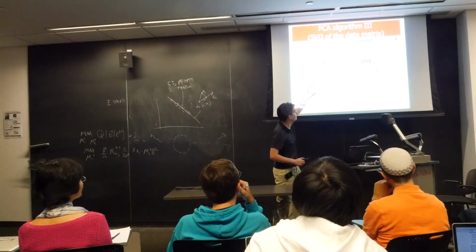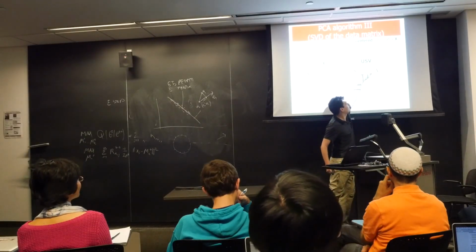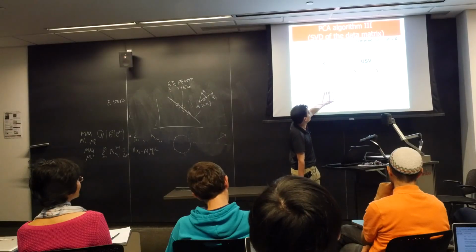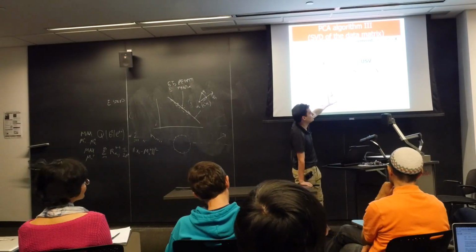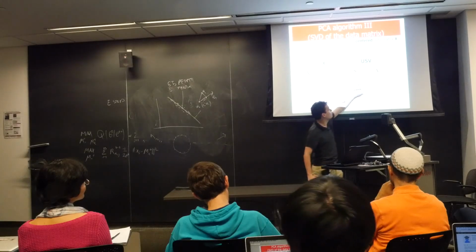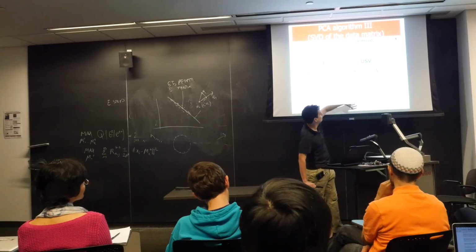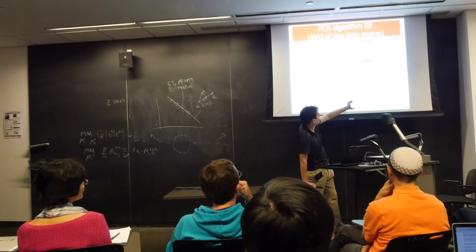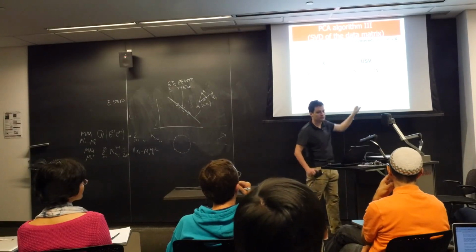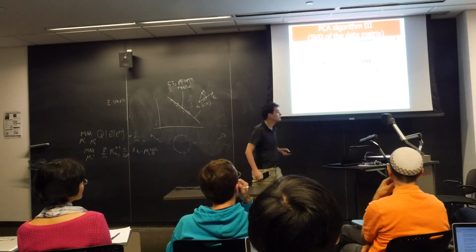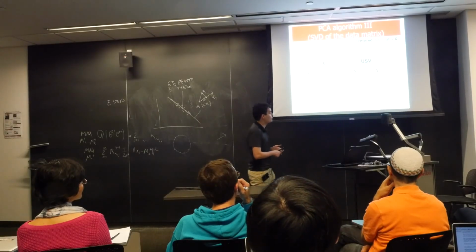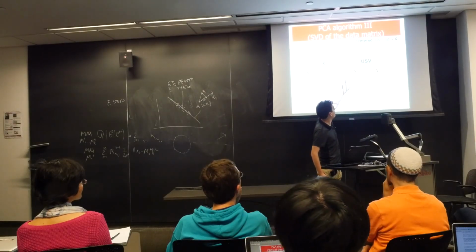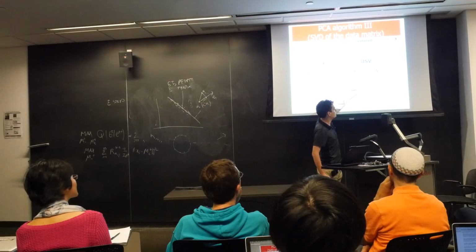So X will be U times S times V transpose, where U is an orthonormal matrix, so U transpose U is the identity matrix. V is again an orthonormal matrix, so V transpose V is an identity matrix, and S is a diagonal matrix. That's what you do with singular value decomposition. And you order the singular values such that this element is the biggest, and this is the smallest.